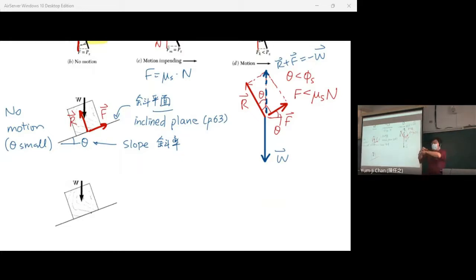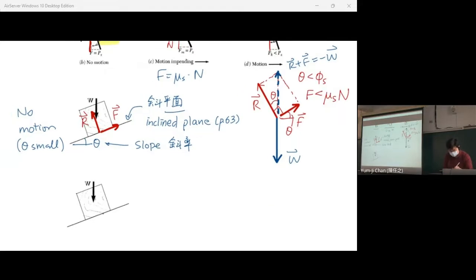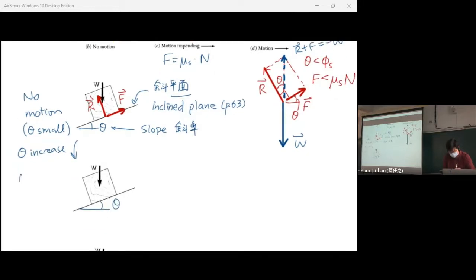Now, if we increase the angle here, it reaches motion impending. And for this theta angle, motion impending, of course, we still have R and F here.